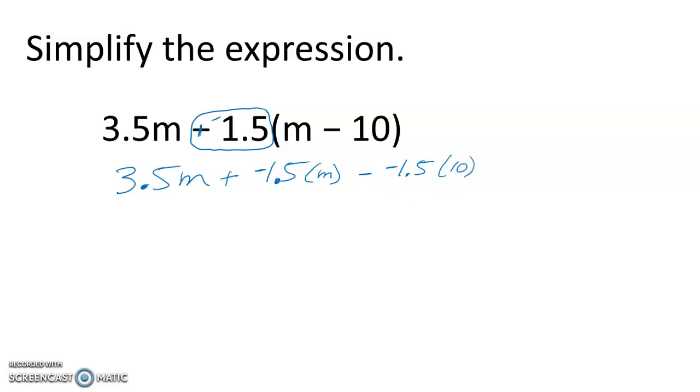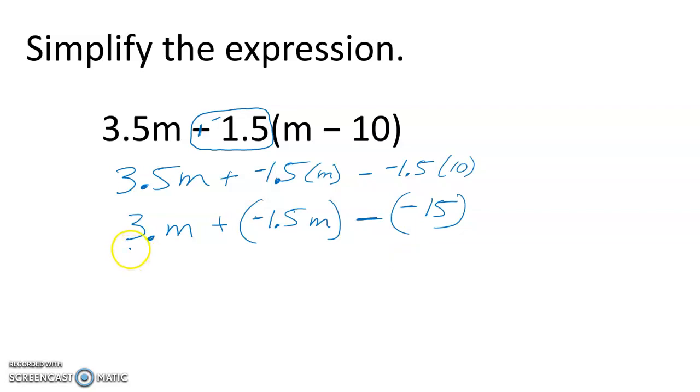All right, let's see. So 3.5m is still there. Plus, and this is going to be a negative 1.5m, minus a negative, and times that by 10, that's 15. Let's see.